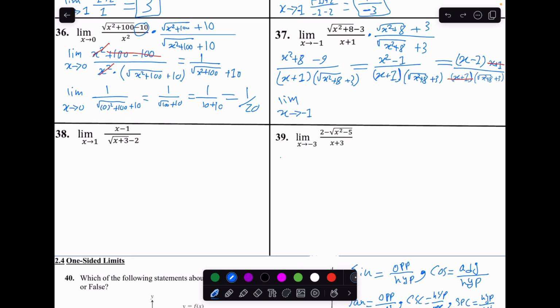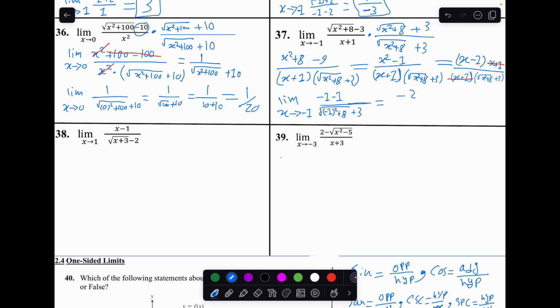We will do a direct substitution on our new equation, so it will be -1 minus 1 over square root of -1 squared plus 8 plus 3.